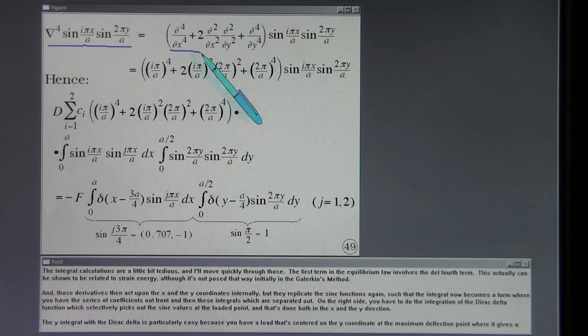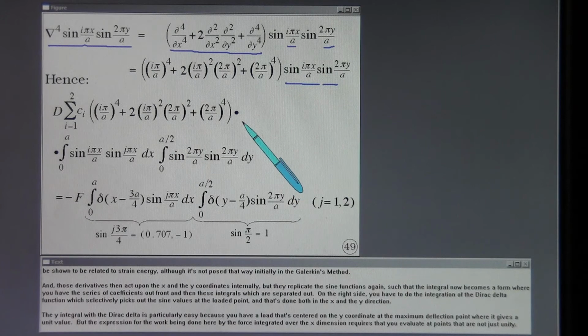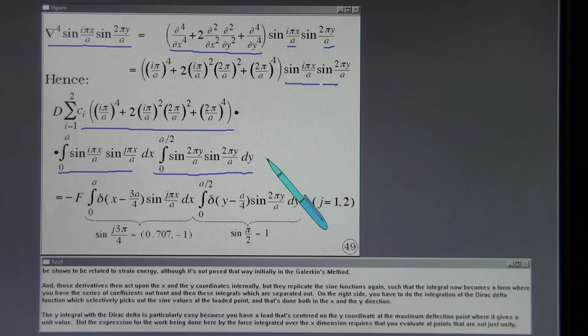And those derivatives then act upon the x and y coordinates internally, but they replicate the sine functions again, such that the integral now becomes a form where you have the series of coefficients out front and then these integrals which are separated out. On the right side, you have to do the integration of the Dirac delta function, which selectively picks out the sine values at the loaded point, and that's done both in the x and the y direction.